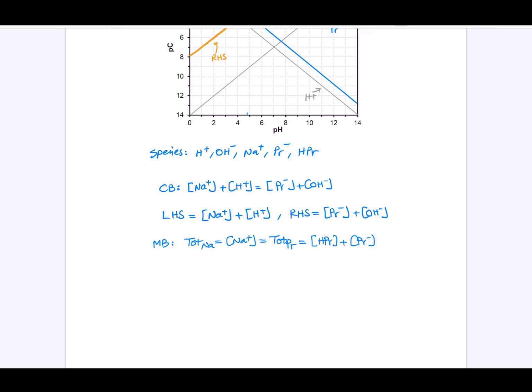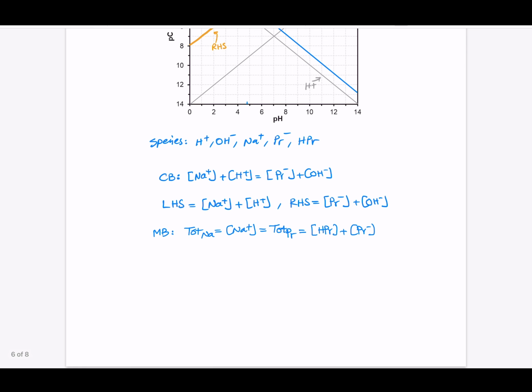So now let's substitute this equation into the charge balance. So when we get to it, instead of sodium, HPR plus PR minus plus H plus is equal to PR minus plus OH minus.